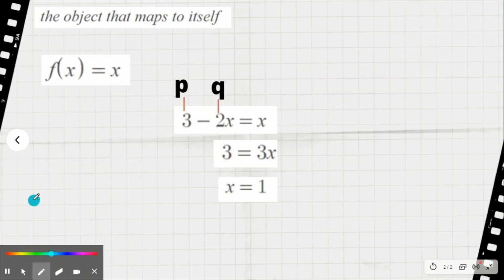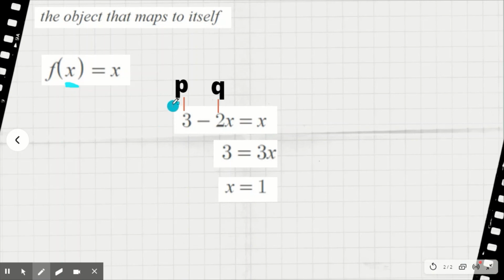So now as for the last question, for number 5, the object that maps to itself. So the object that maps to itself also means that f(x) is equal to x. So how are we going to solve this? So what is x? This is what we want to find, x. So we take back the equation that we got earlier, which is p minus qx equals x.